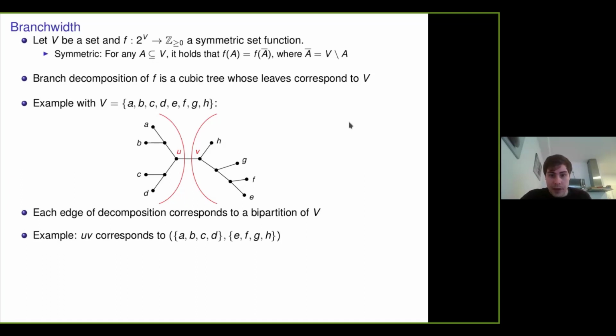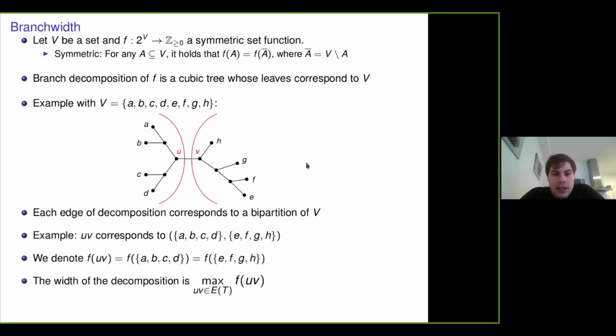And now we say that the width of this edge, which we denote by f of uv, where uv is the edge, is the value of this function on either side of this partition. Because it's symmetric, the value on both sides is the same. So, for example, the width of this edge uv is the value of this function on ABCD, or equivalently on EFGH.